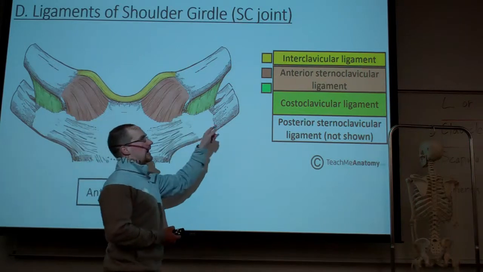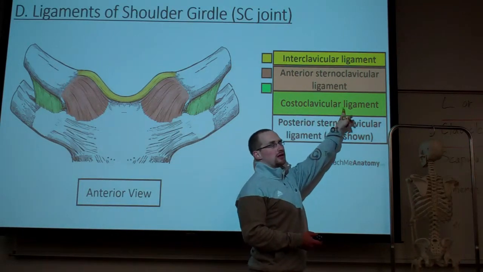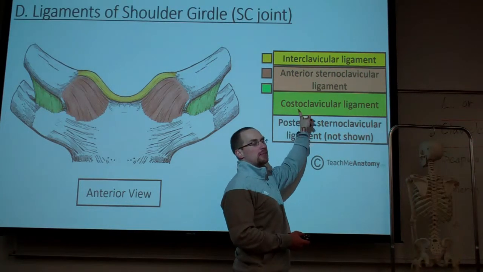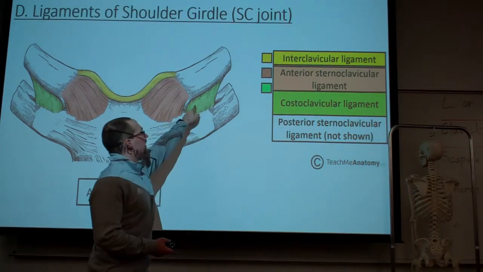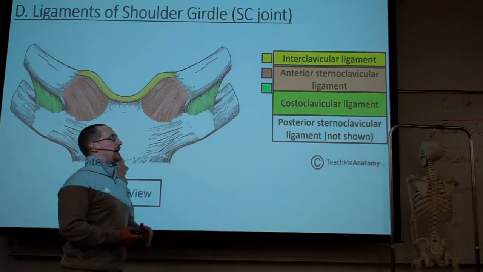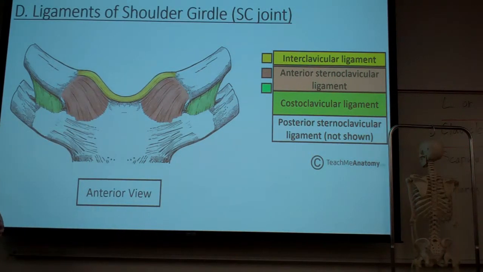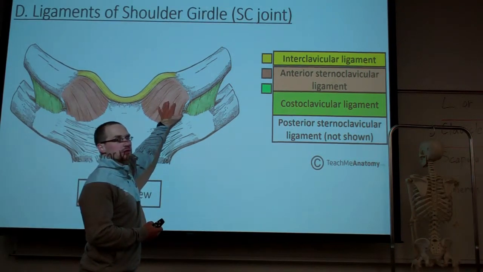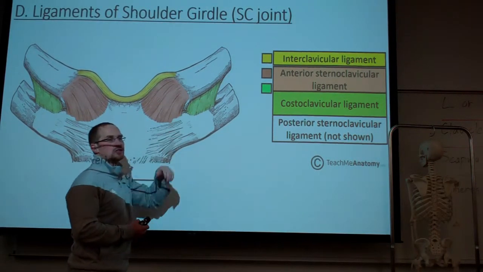In green, we have the costoclavicular ligament. So the clavicle and costo, remember, means ribs. It's a ligament that holds the first rib and the clavicle together, which helps provide support and structure to the SC joint.